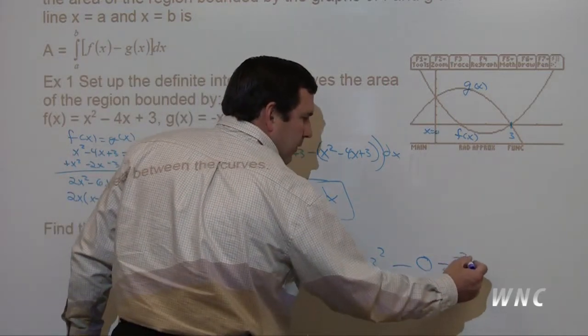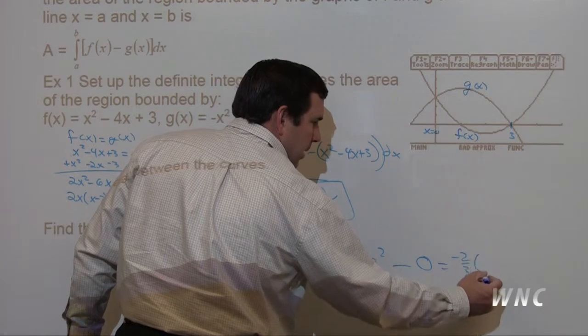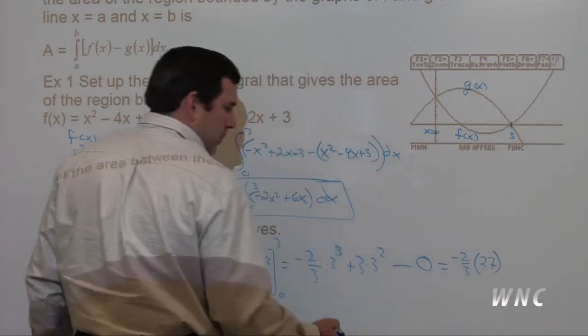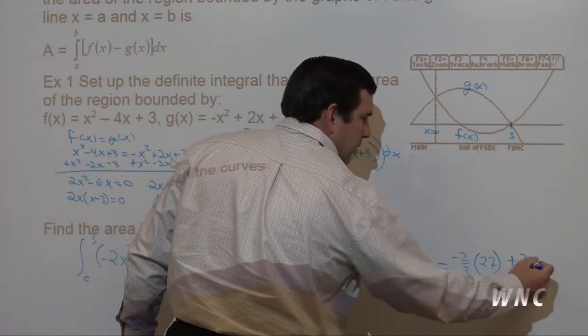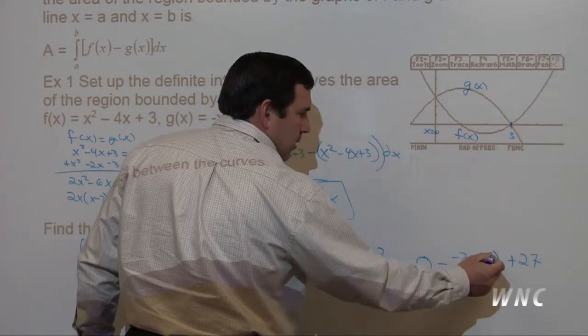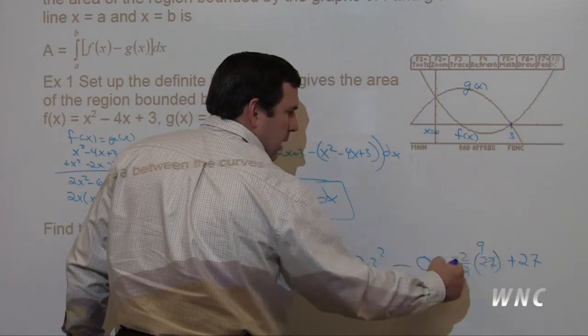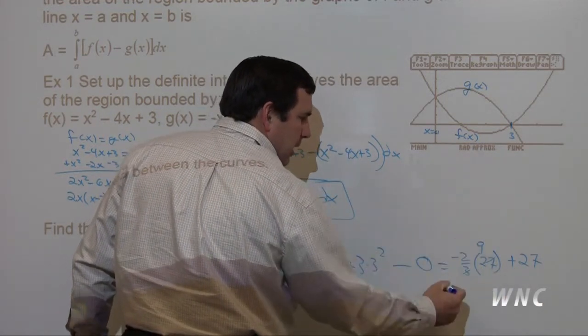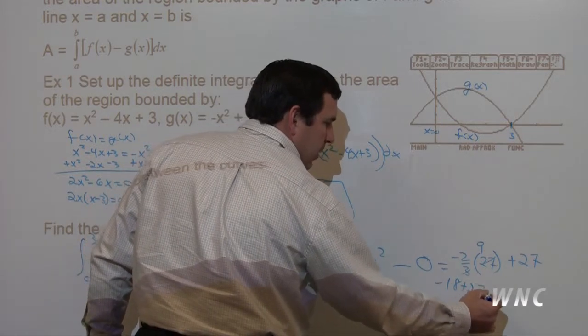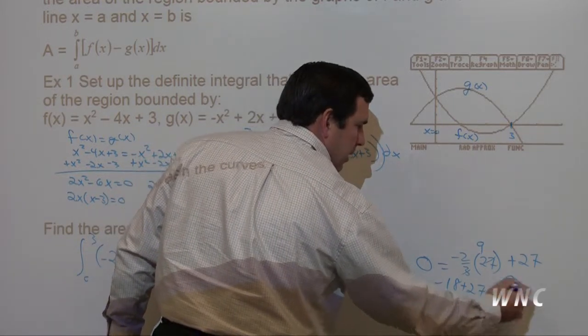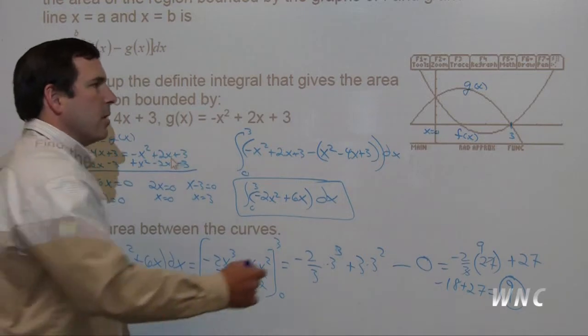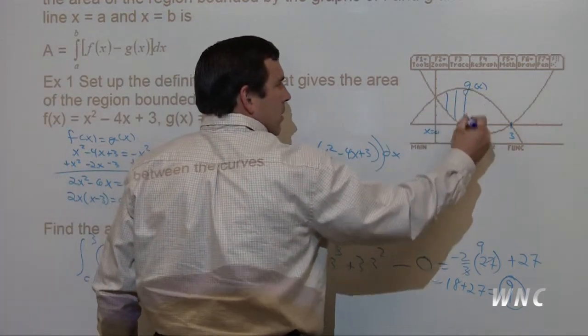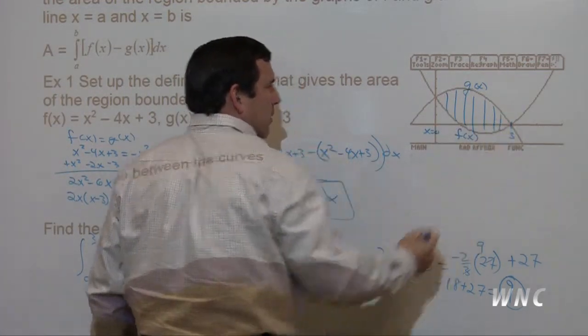So we have negative 2/3 times 27 plus 27. Let's see, 27 and 3, that's 9. Negative 2 times 9 is negative 18, plus 27 is 9. So the area between the curves here is 9.